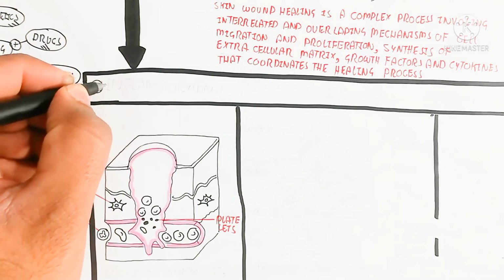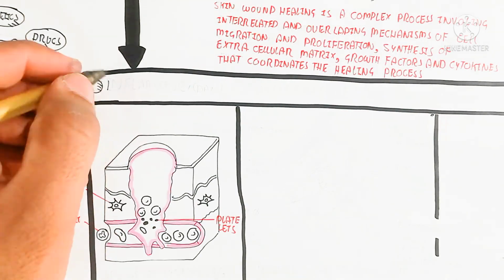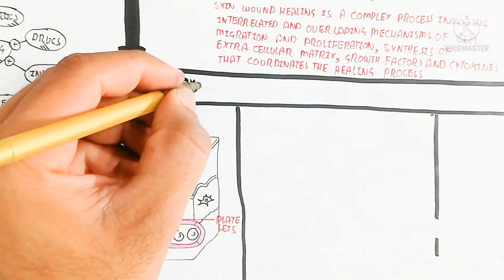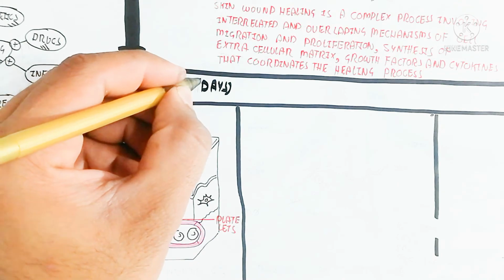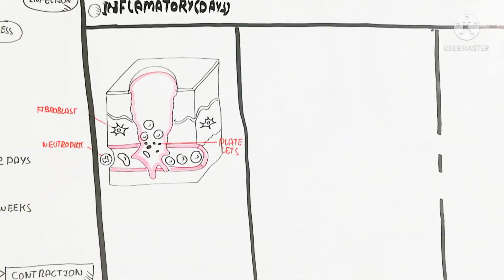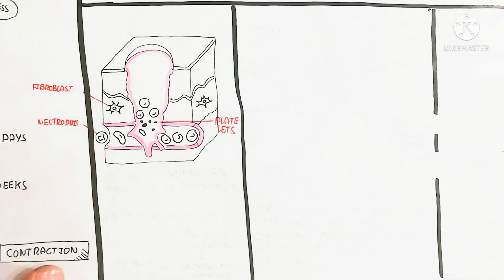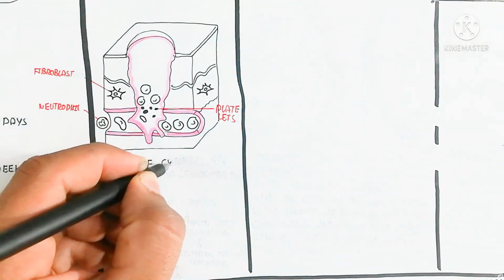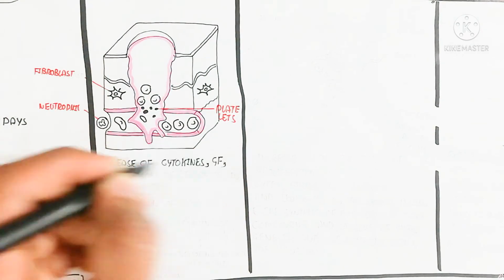The dermis contains keratinocytes, and the hypodermis contains fibroblast. The subcutaneous tissue contains fat, collagen and fibroblast, and the fibroblast is also present in the hypodermis.